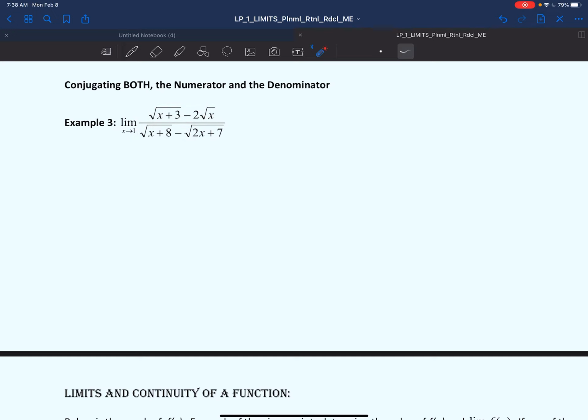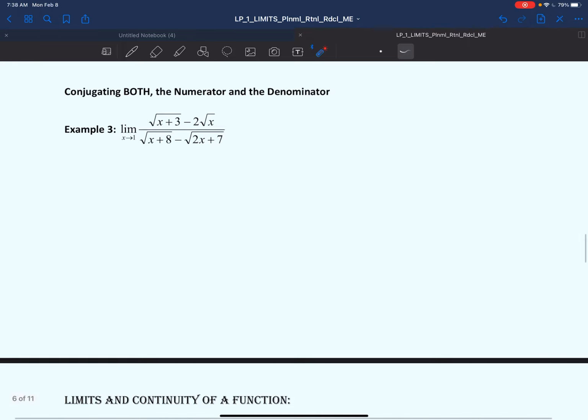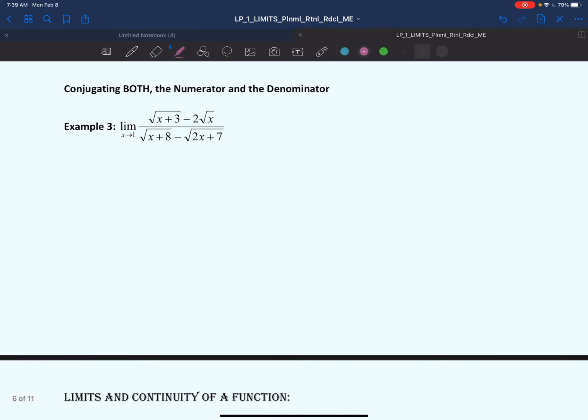If we want to simplify anything, we need to get rid of the radicals. And having radicals in both sides of the fraction suggests that we conjugate both numerator and denominator. So I'm going to highlight the numerator in pink. And I'll highlight the denominator in blue. So I will multiply first by the conjugate of the numerator.